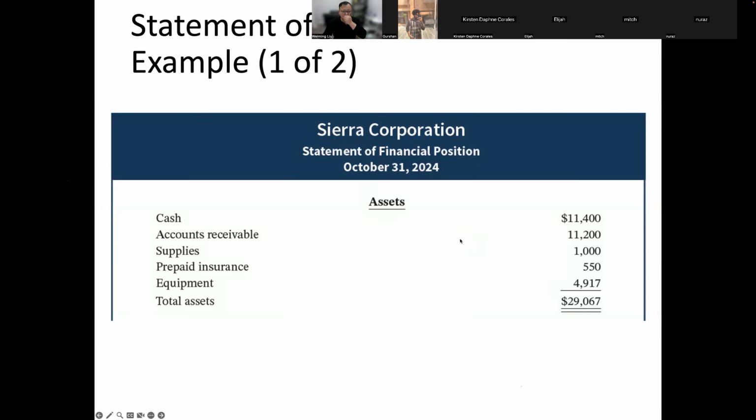So what are the major accounts for assets? Cash, okay? Accounts receivable. This is the money people owe you. You don't have it yet, but you know legally you can get this money back from the person. Supplies, okay? Think about the University of Lethbridge.